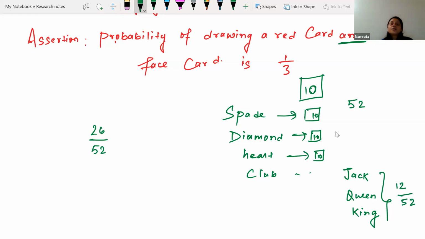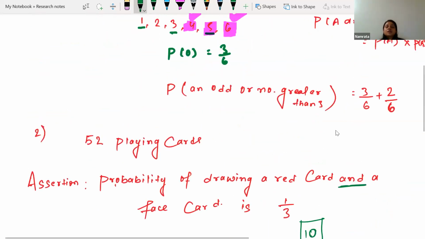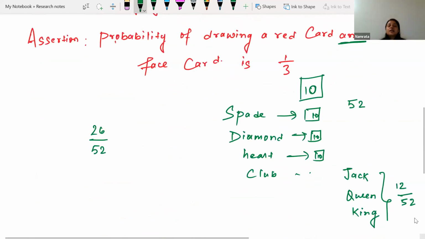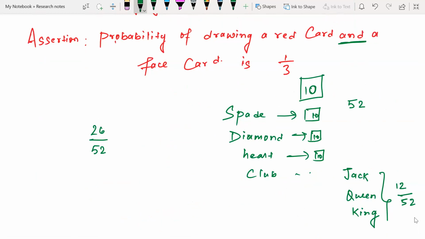Okay. So the probability of getting a red card, and here 'and' means multiplication, a face card, that means 12 by 52. We have to take both the cases and do the multiplication. Let me check one thing over here, which is very important for this topic.